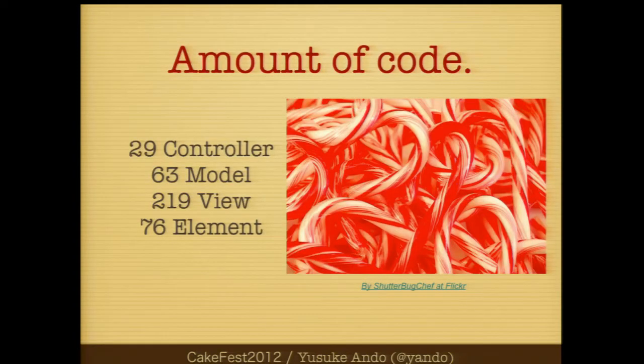And as you see, CandyCane has many features now, and it also means it has piles of code now. It has about 30 controllers and 63 models and 200 views and almost 80 elements. Yeah, it's obviously a huge software now.